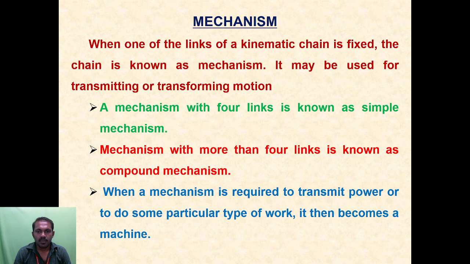Some important words of mechanism: a mechanism with 4 links is known as a simple mechanism. A mechanism with more than 4 links is known as a compound mechanism. A mechanism required to transmit power or to do some particular type of work is called a machine.